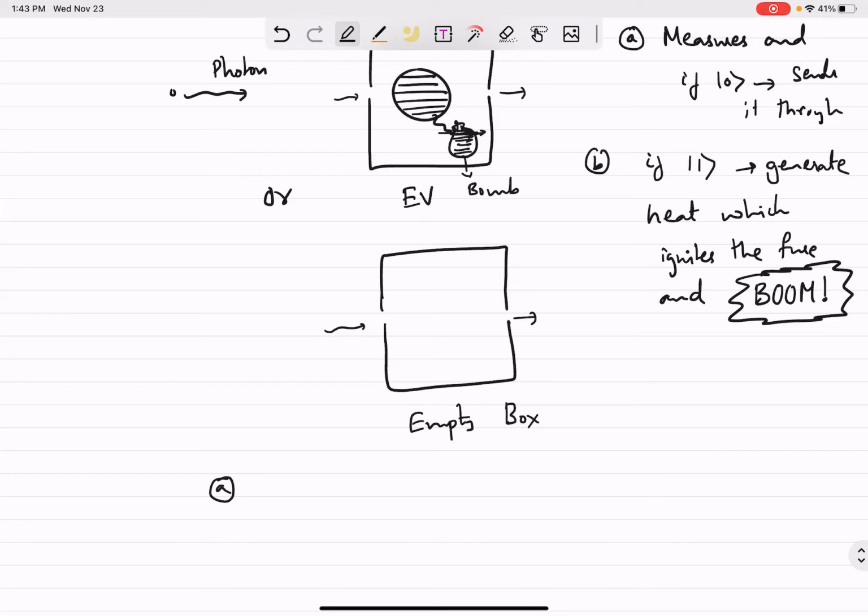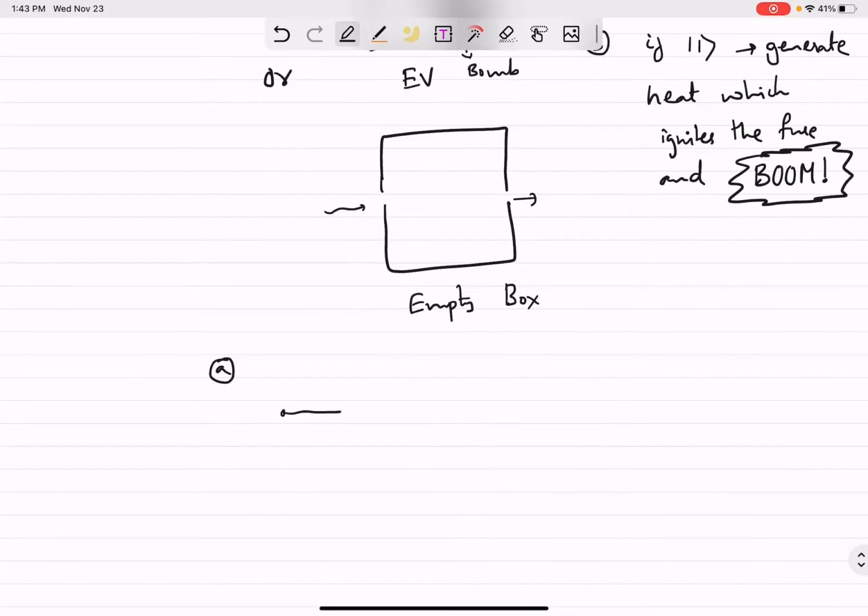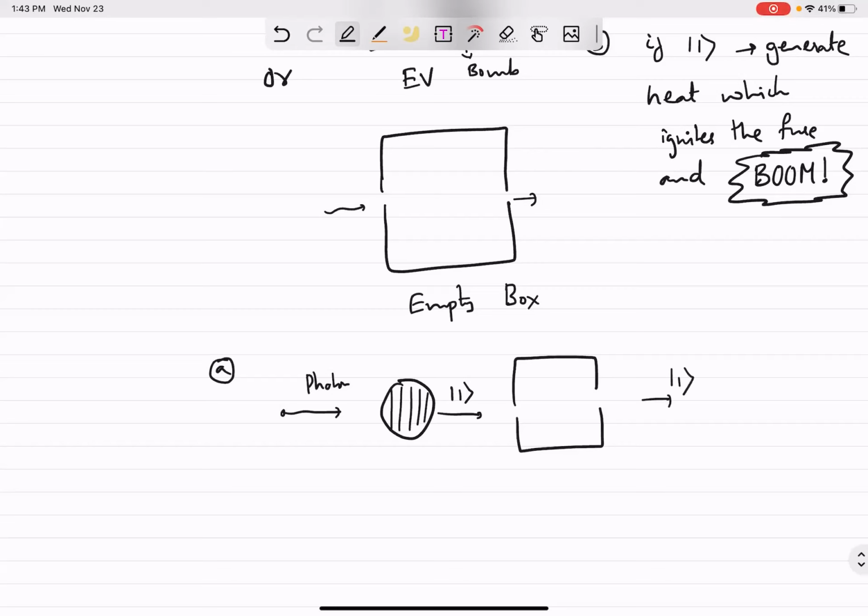Put a vertical filter before the box and then send a photon through and see if any light comes out of the box. Well, let's try that, right? So let's say you send a photon, but then you put a vertical filter. So essentially you're only sending things in one, right? So in the empty box case, the light goes through, perfect.